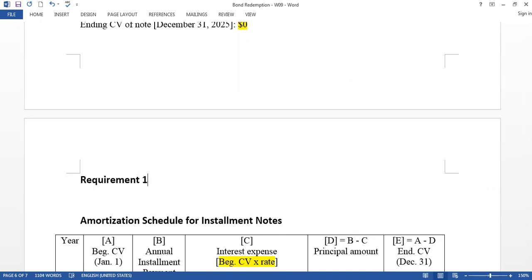This is requirement 1: prepare the amortization schedule for the installment note.